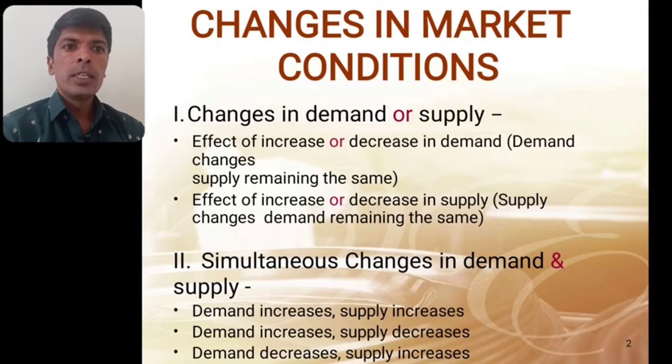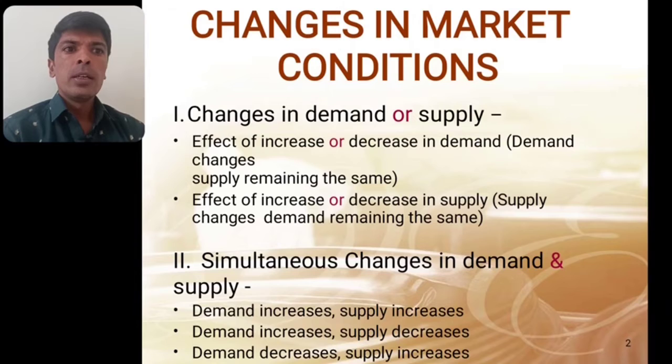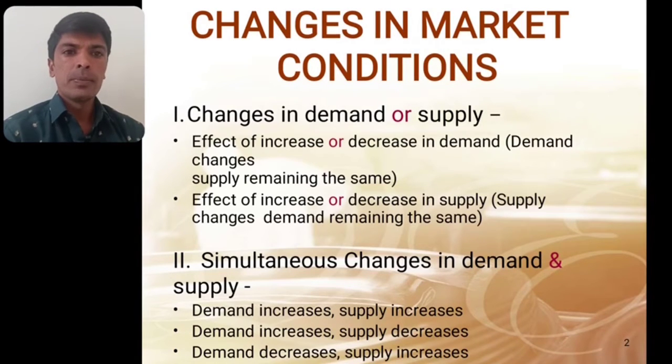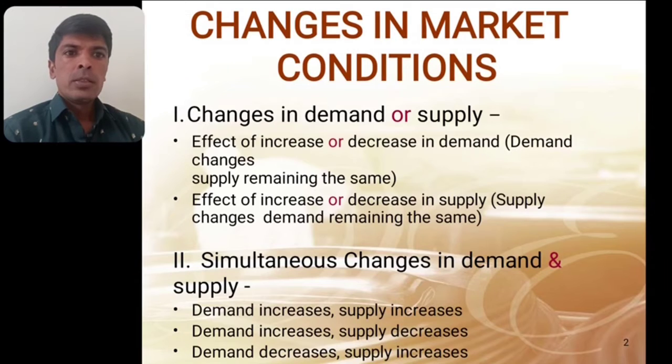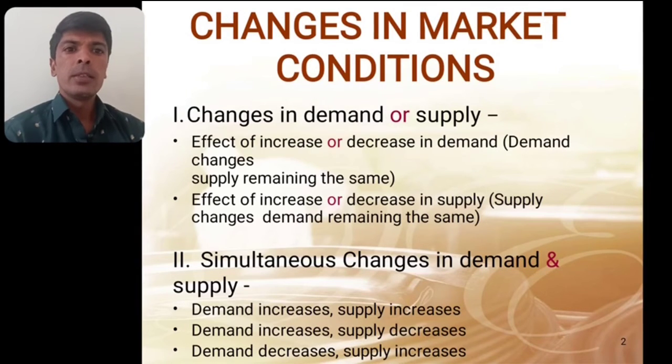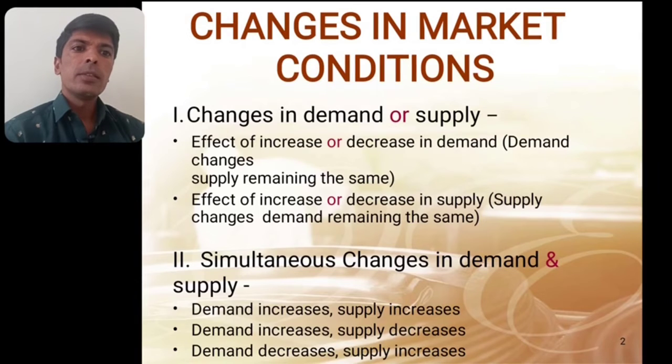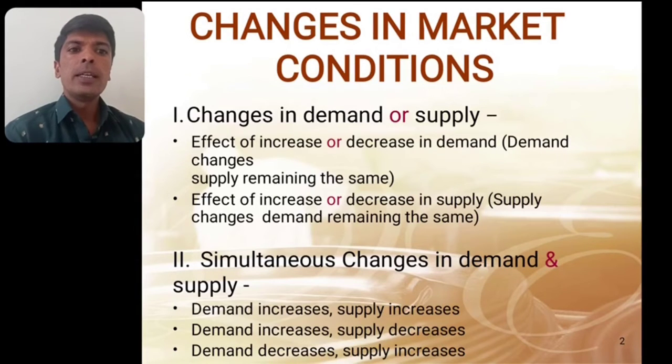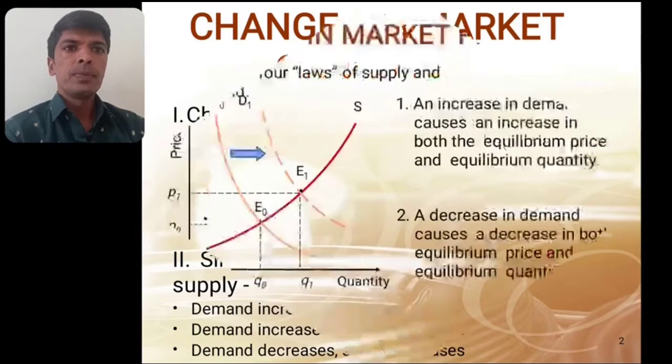Effect of increase or decrease in supply: supply changes, demand remains the same. Simultaneous change in demand and supply: demand increase, supply increase; demand increase, supply decrease; demand decrease, supply increase.